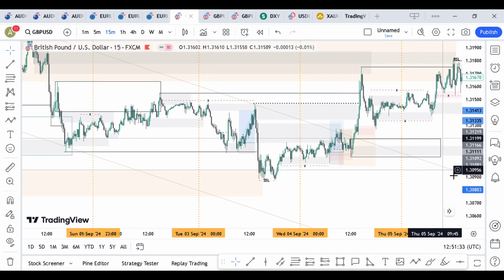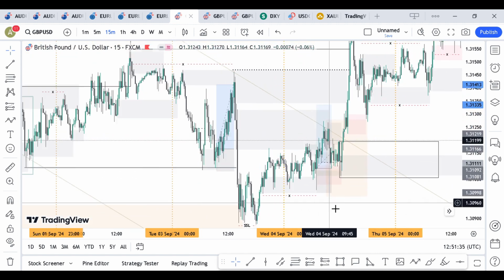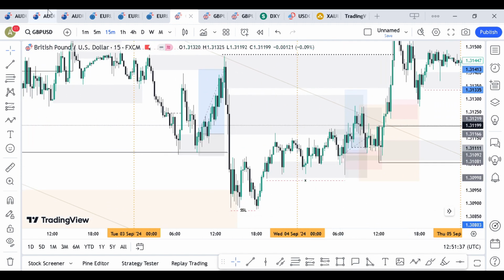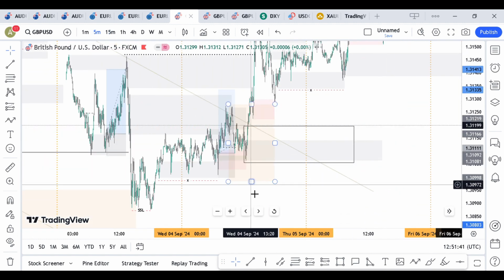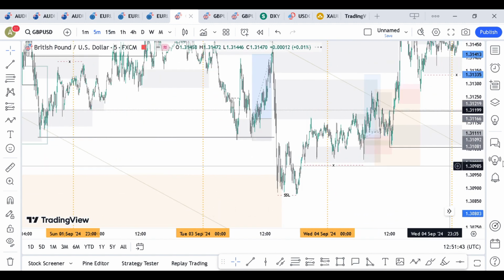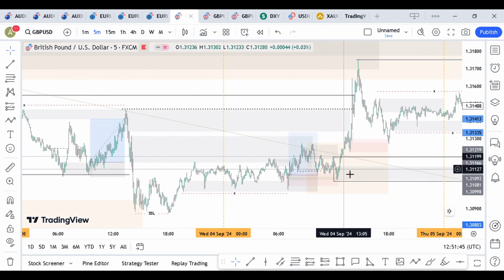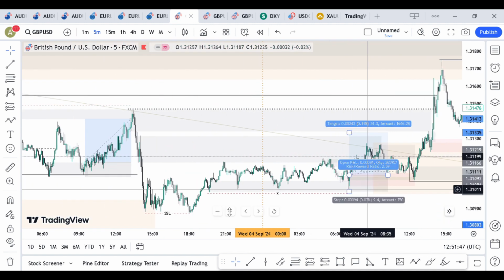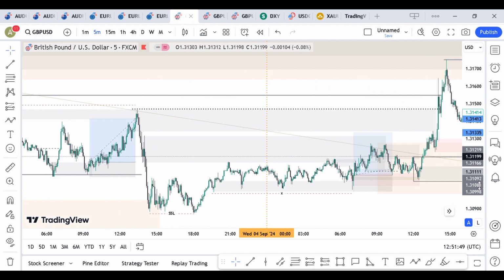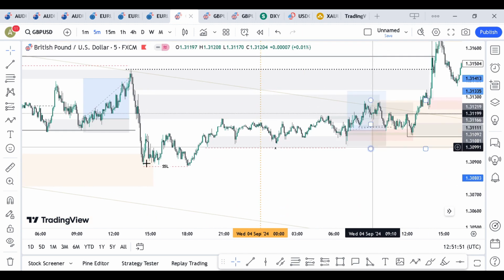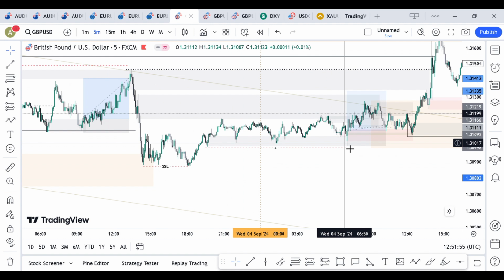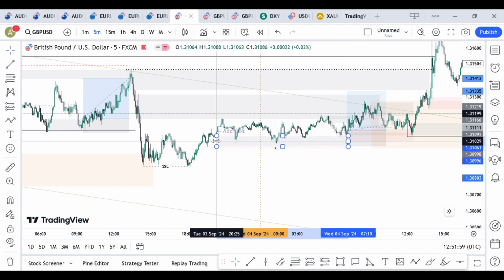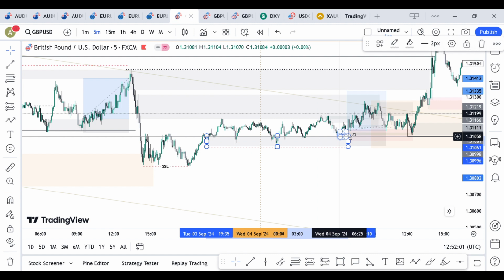Then after the range, this is when I took another trade. I actually took 2 trades on this one, so I think I'll explain better on the 5 minute. So let's go there real quick. On the 5 minute, I noticed that we had some kind of change of character right here, and when price was ranging around this area, I marked my 15-minute demand right there.